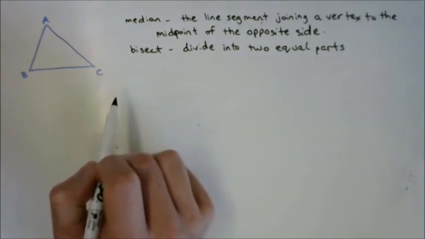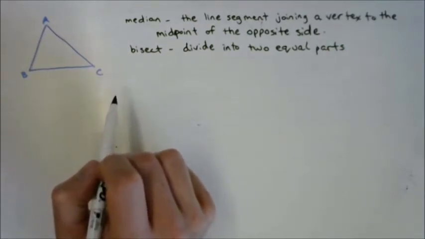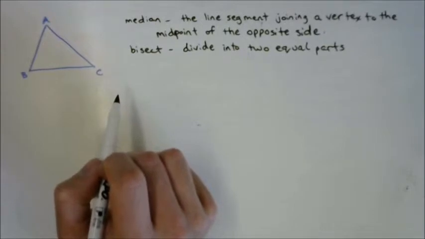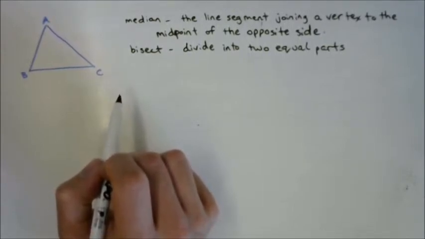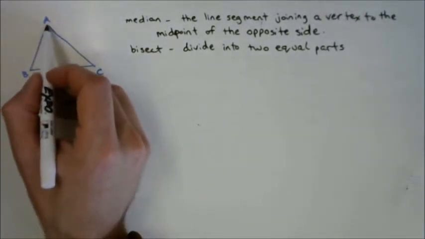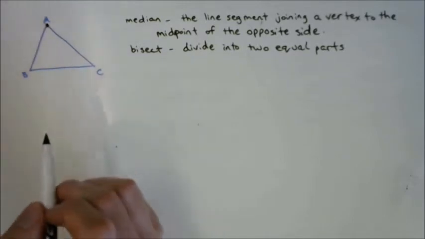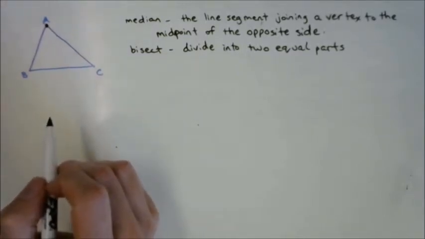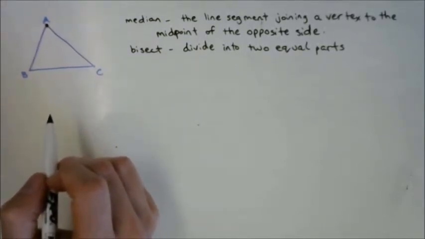Alright, so we are going to use the area formula for a triangle in order to figure this thing out. Alright, so we have the median. We're going to make a median. So we're going to go the median from A. Now, where do I have to draw another point in order to get the median from A?